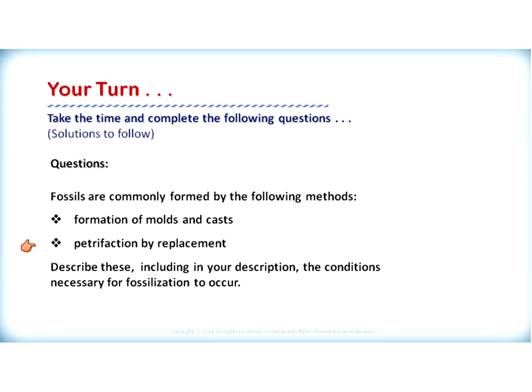Describe these, including in your description the conditions necessary for fossilization to occur. So by looking at the question, what we need to do here is to describe the methods of fossilization, and also, as key, it asks you to include the conditions necessary for fossils to occur. And those would be the three conditions previously stated in the last slide.